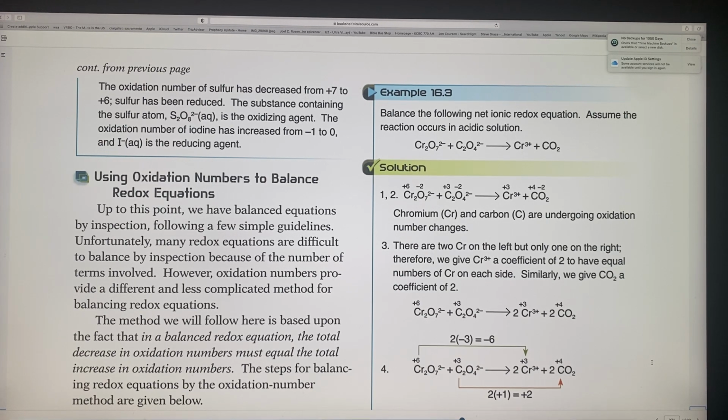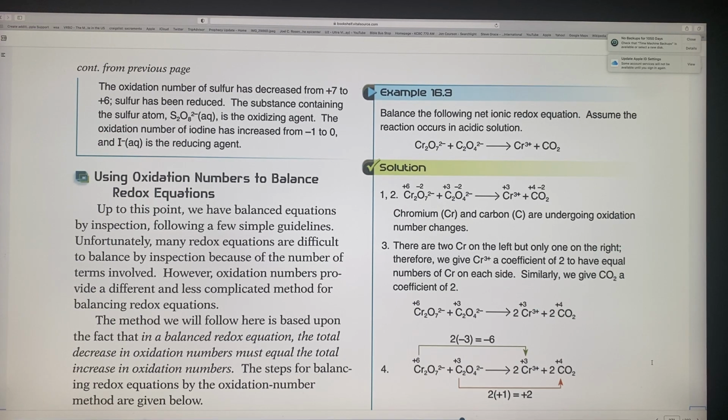But here we go. It says, up to this point, we have balanced equations by inspection, following a few simple guidelines. Unfortunately, many redox equations are difficult to balance by inspection because of the number of terms involved. However, oxidation numbers provide a different and less complicated method for balancing redox equations. Remember how hard it sometimes is to balance.